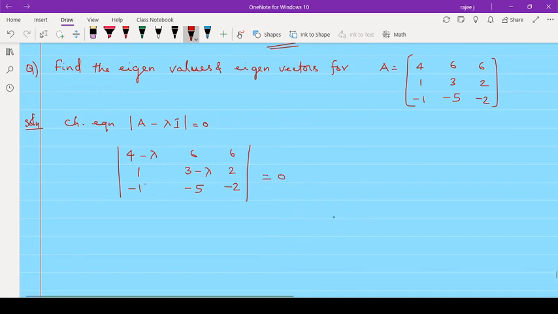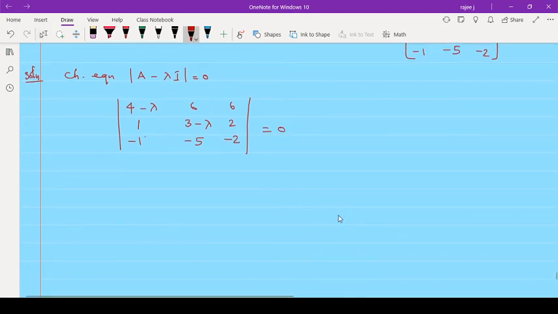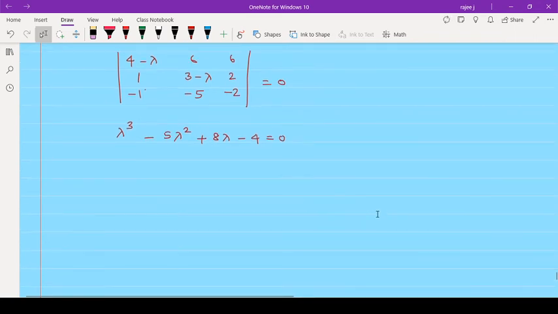Okay, so expanding this determinant by our formula we will get the equation as lambda cube minus 5 lambda square plus 8 lambda minus 4 equal to 0. Now, on solving this one, lambda is equal to, tell me the values.